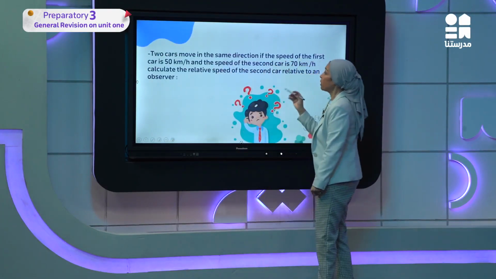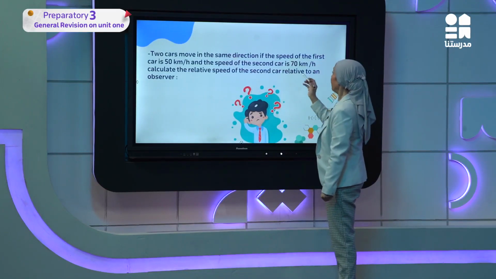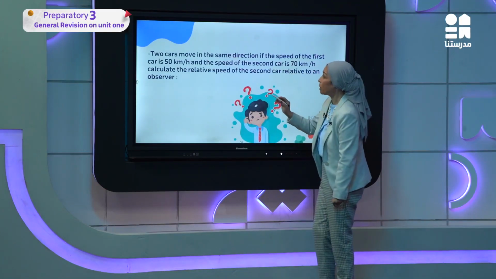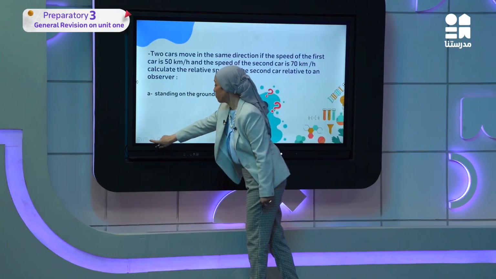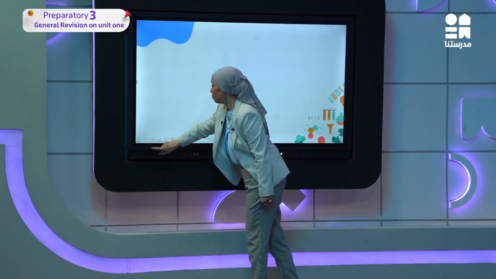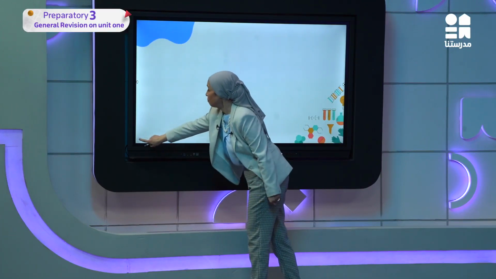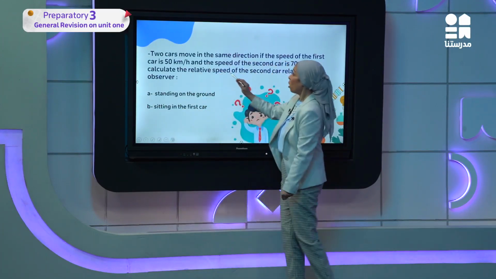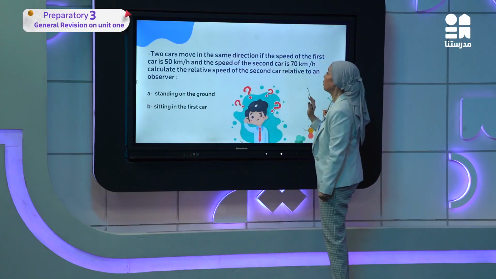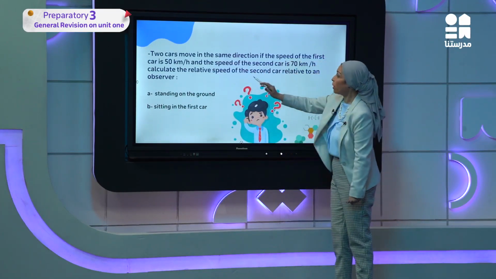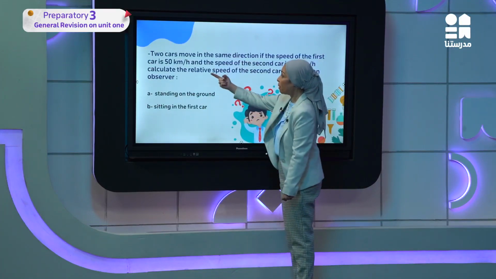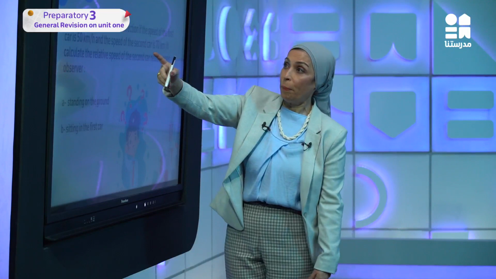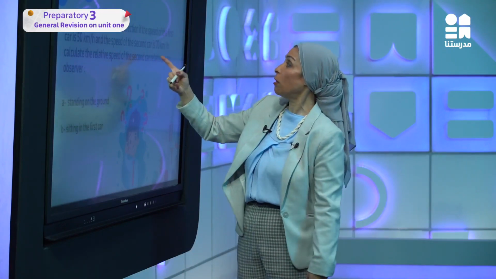Two cars move in the same direction, and the speed of the first car is 50 kilometers per hour and the speed of the second car is 70 kilometers per hour.